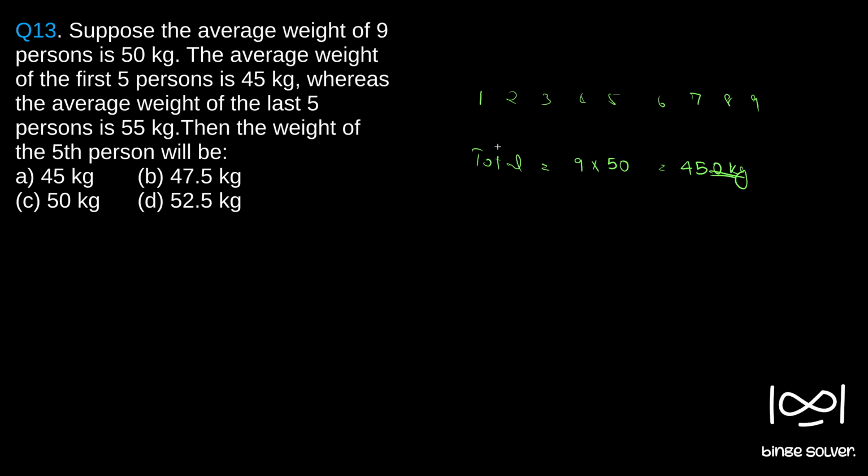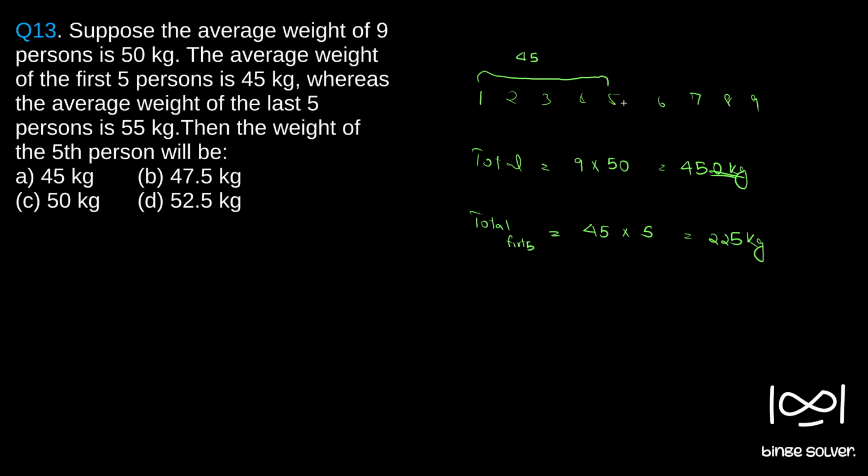Now the average weight of the first 5 is 45. So the total of the first 5 is 45 into 5, which is 225 kilograms.